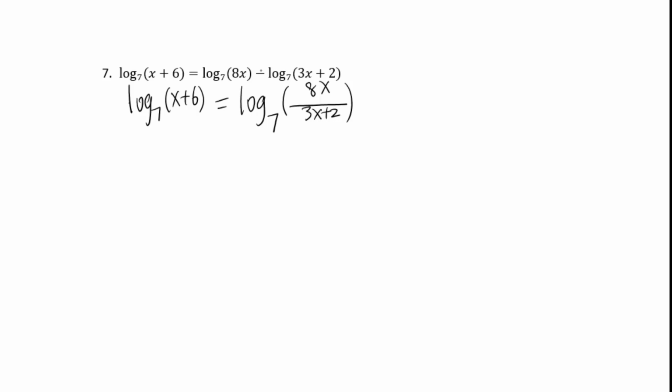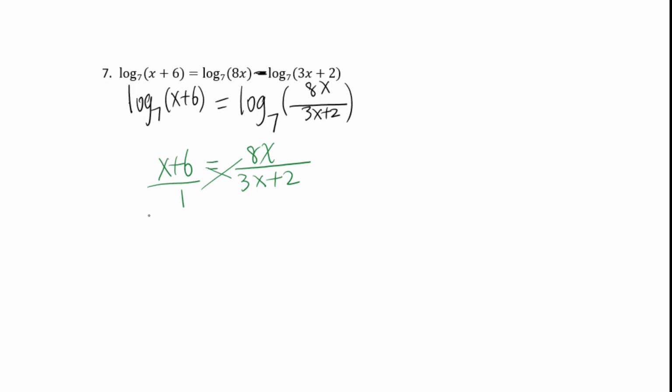Because this is a subtraction, we need to make a division of the power. Then the arguments equal each other. We have x plus 6 equals 8x over 3x plus 2.